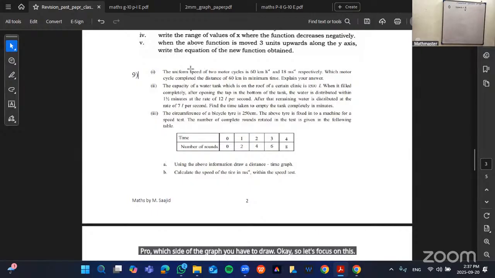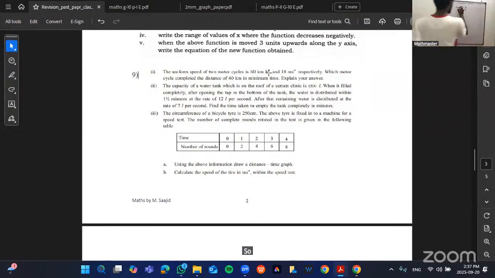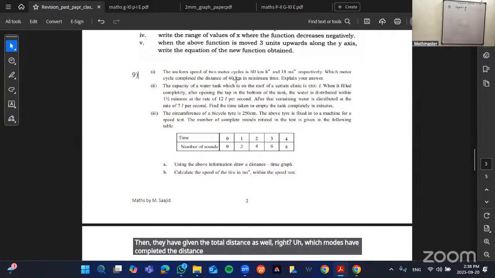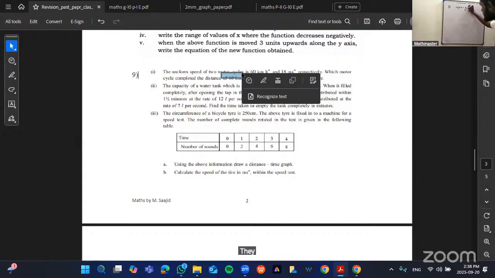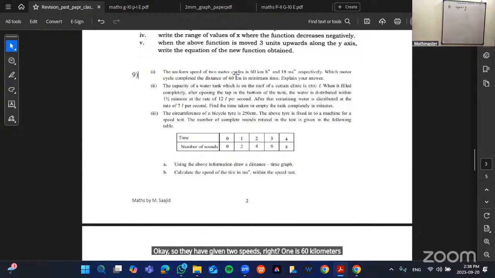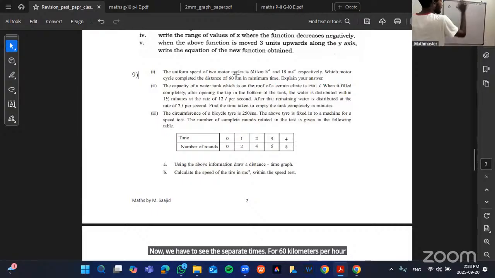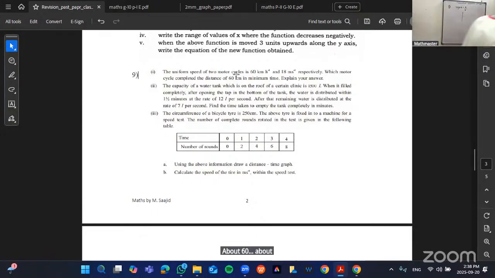They say the uniform speeds of two motorcycles are 60 kilometers per hour and 18 meters per second. So they have given the speeds. Then they have given the total distance as well. Which motorcycle completed the distance of 60 kilometers? They have given the distance as well, and they ask the time. So they have given two speeds, one is 60 kilometers per hour and one is 18 meters per second. Now we have to find the separate times for 60 kilometers per hour and for 18 meters per second.